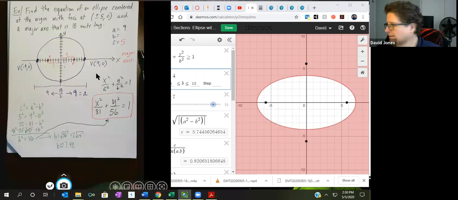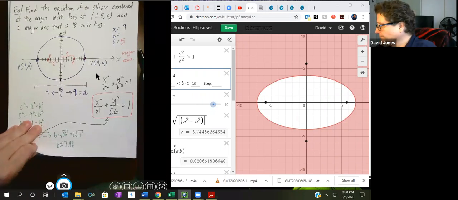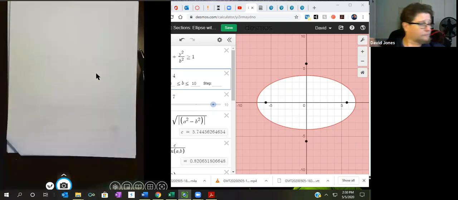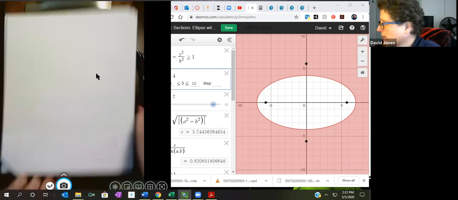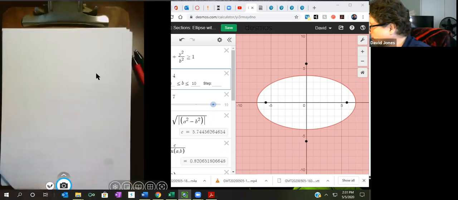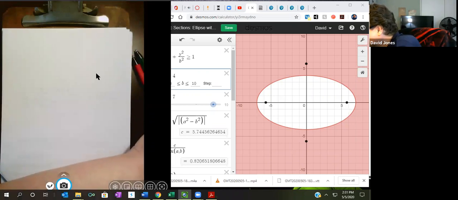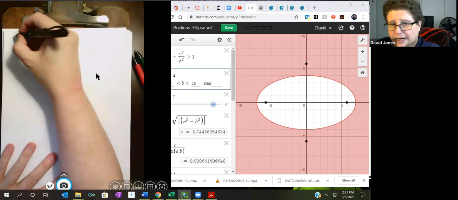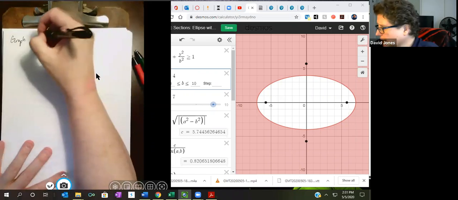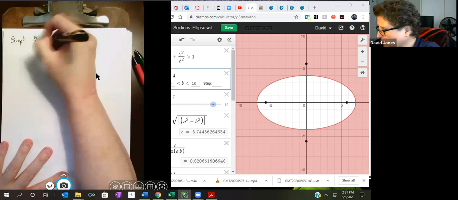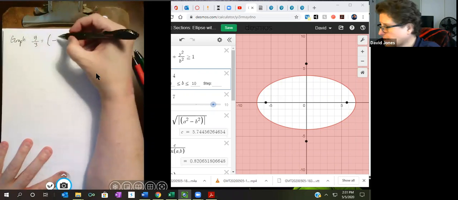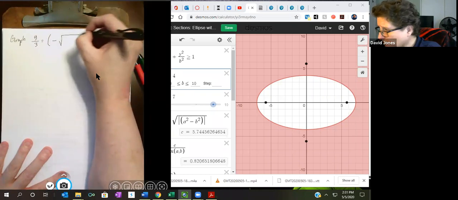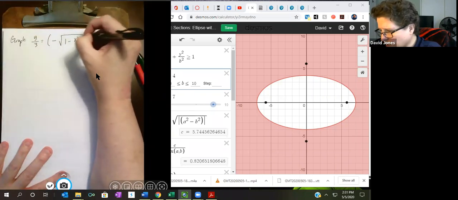All right. Let's go back to another problem. So let's graph y over 3 equals negative square root of 1 minus x squared over 4.